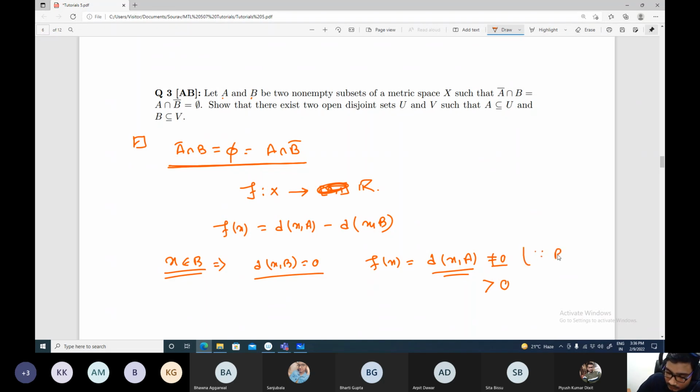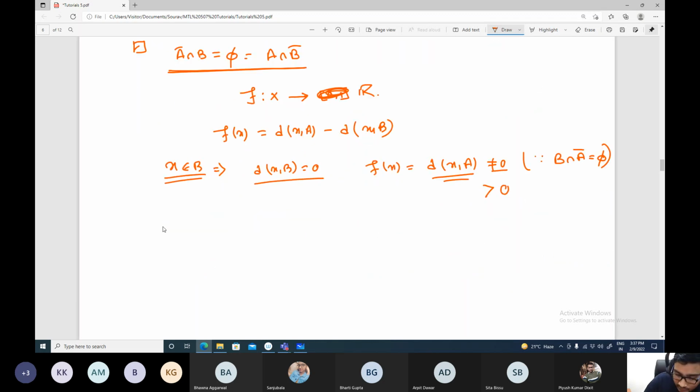Because A closure intersection B is equal to phi. We are using A closure here. And if you take an element x belongs to A, then this will imply d of x comma A equals 0, right? But in that case, f of x will be minus d of x comma B, and this is non-zero, right?